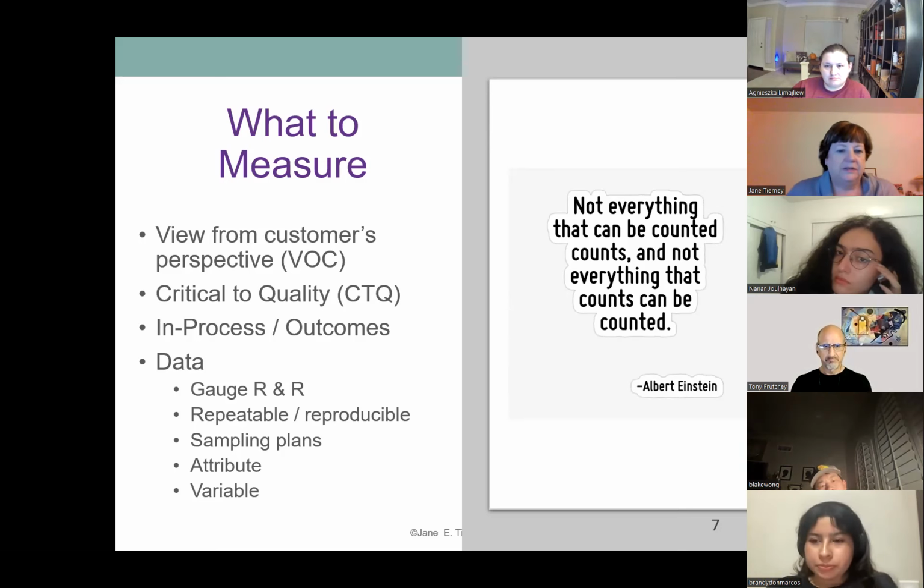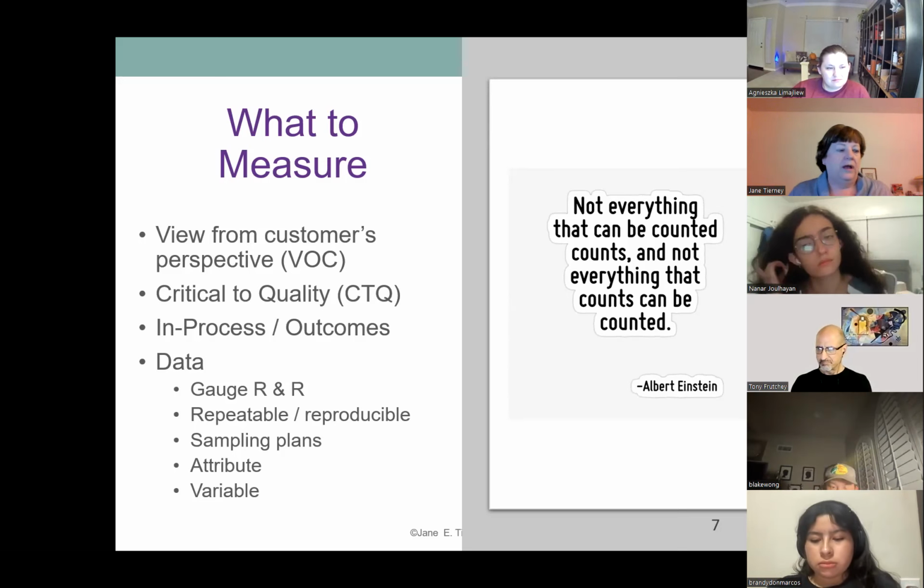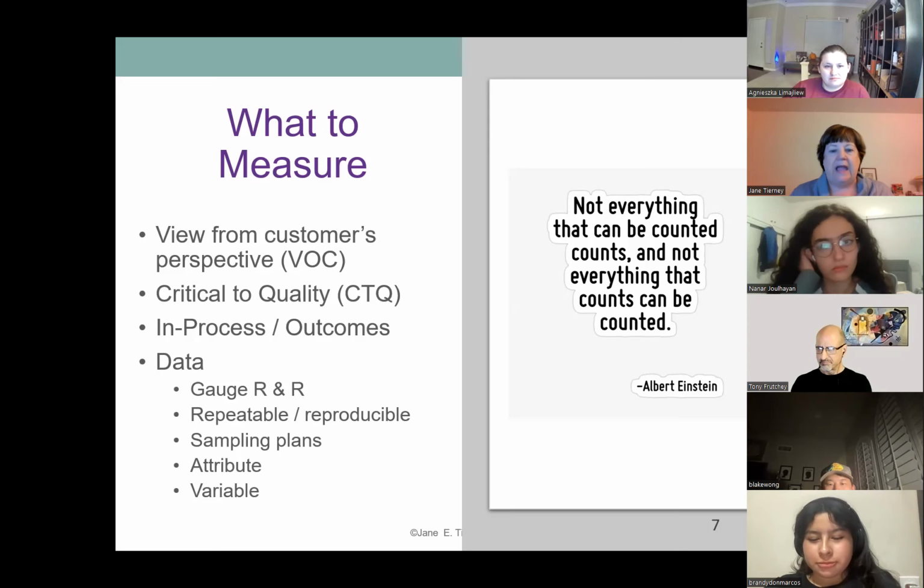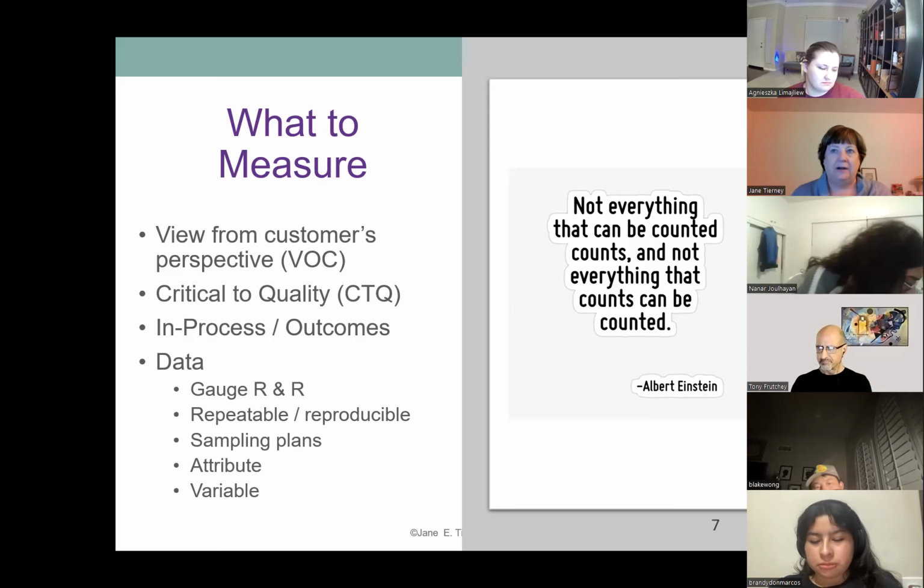And then I throw in this thing because I'm a big Albert Einstein fan, and I don't know if he actually said this. This is one of those things that's often attributed to him. But I think the whole idea here is brilliant, that not everything that can be counted counts, and not everything that counts can be counted.